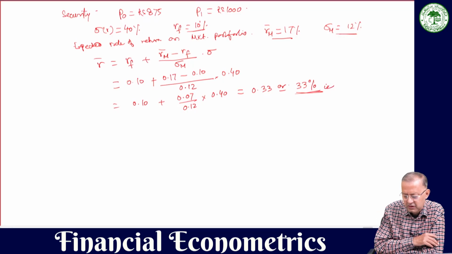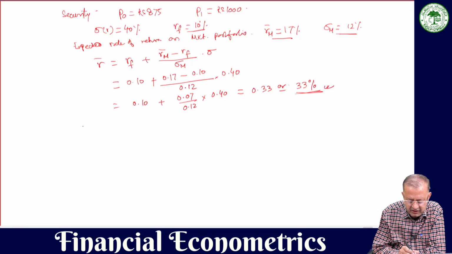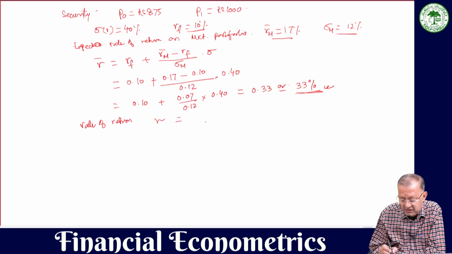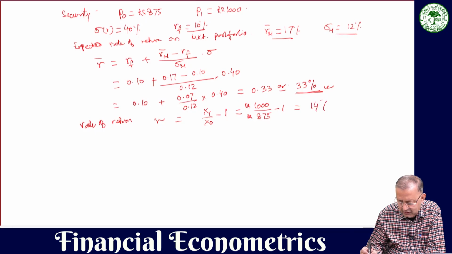If we go by the simple definition of the rate of return, R is equal to x1 upon x0 minus 1. So this comes out to be 1000 rupees upon 175 minus 1, and this comes out to be 14%.